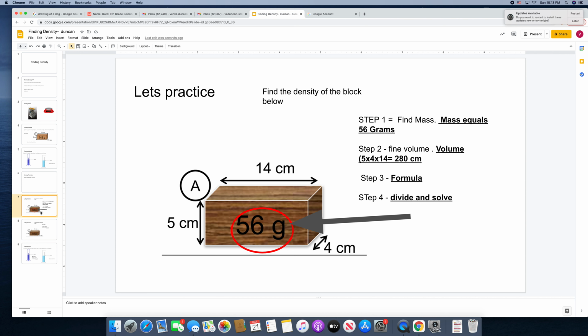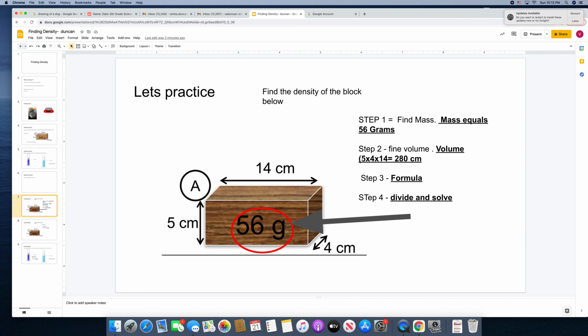Let's practice. Here on this block below, they already give us the grams. Our grams are 56 here, shown at the bottom. That would be our mass. Then we have to calculate our volume using the formula for a regular shaped object. Step 1 is to find the mass. The mass equals 56 grams, as shown here. Step 2, find the volume. And the volume, we're going to use the formula for a regular shaped object.